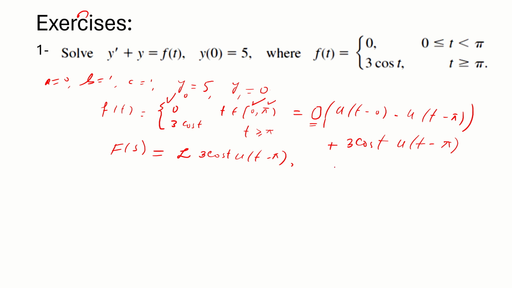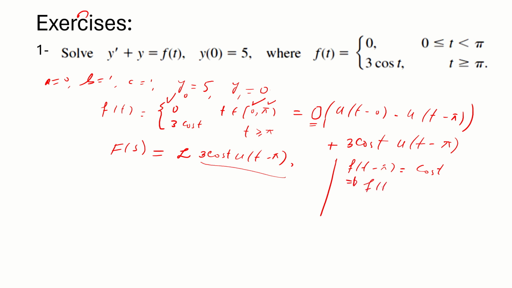Now you should remember from previous lectures how to find the Laplace transform of this type of function. We use the t shifting theorem, or the second shifting theorem. In this case we are given f of t minus pi equal to cos t, which means f of t is what?